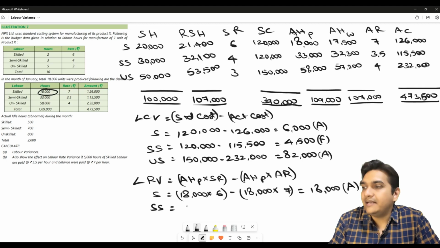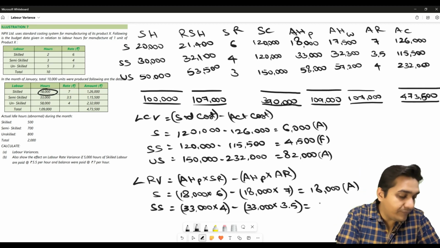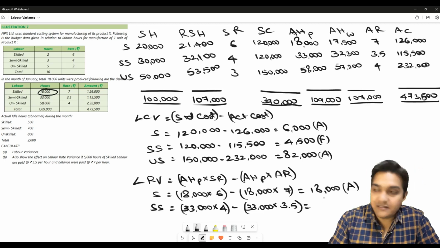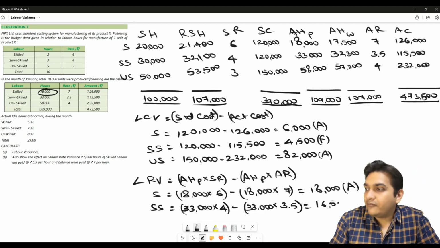Coming to semi-skilled, my actual hours paid is 33,000 into standard rate of 4 minus actual hours 33,000 into actual rate is 3.5, which will be 16,500 favorable.